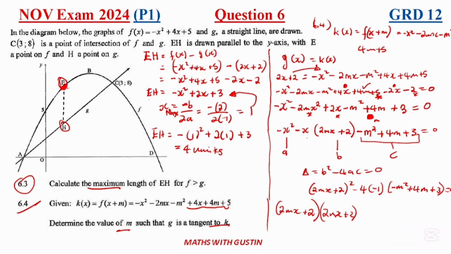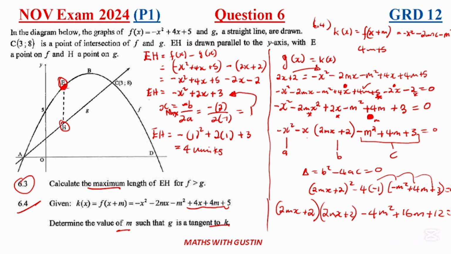You can remove the bracket with this negative 4 times negative, which is going to be positive 4. Then you multiply throughout. Positive 4 times that is going to be negative 4m squared. Positive 4 times that is going to be positive 16m, and positive 4 times that is going to be positive 12, equal to 0.